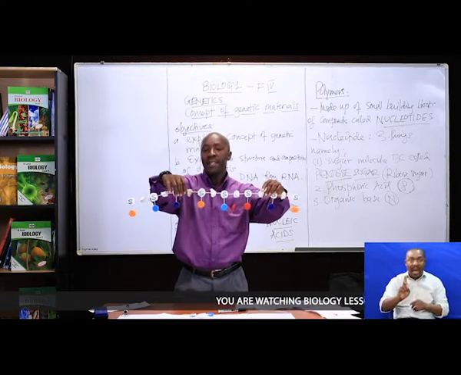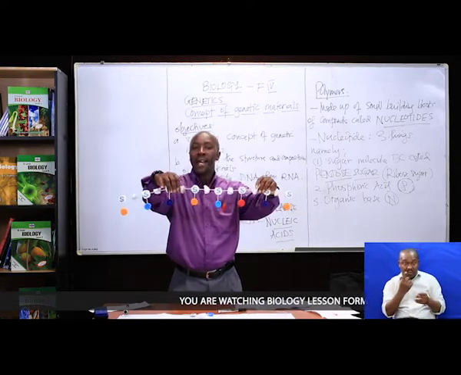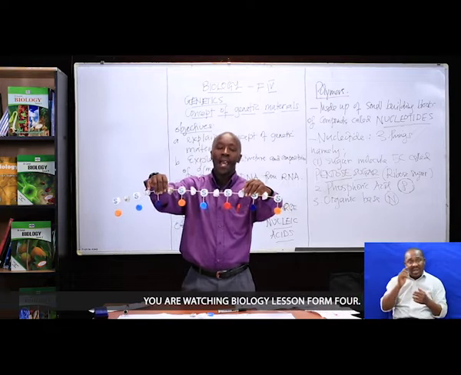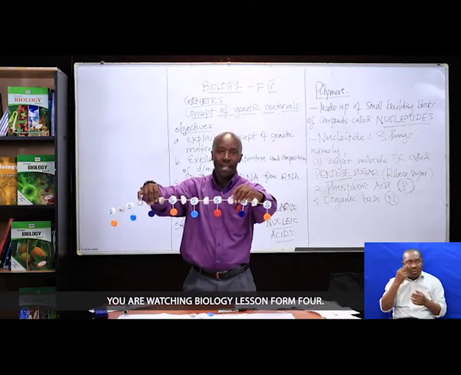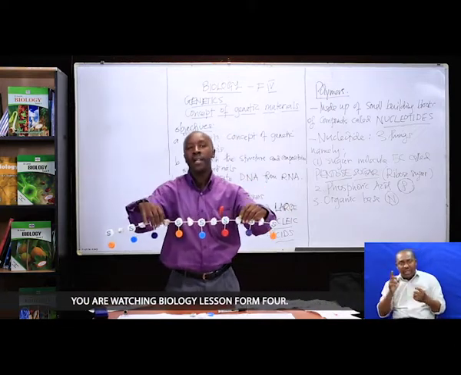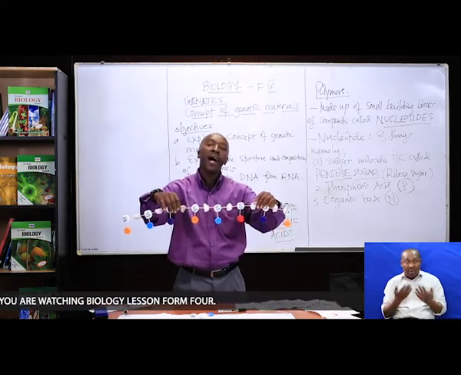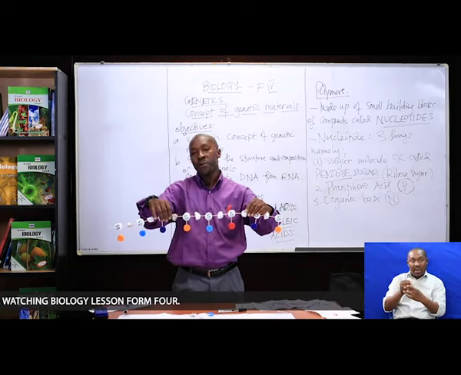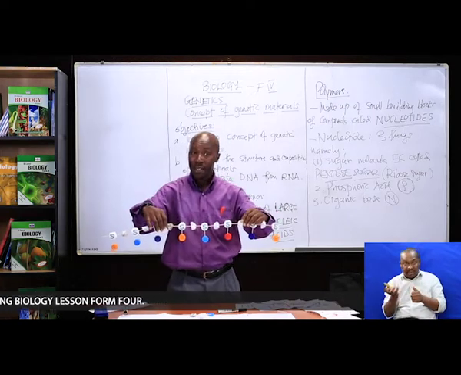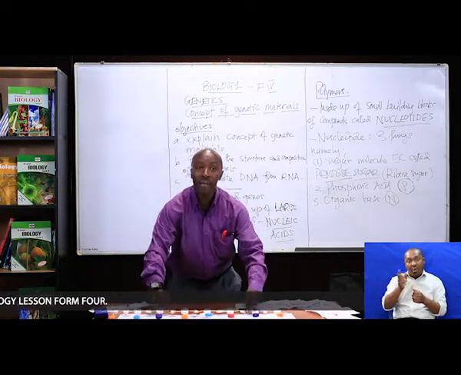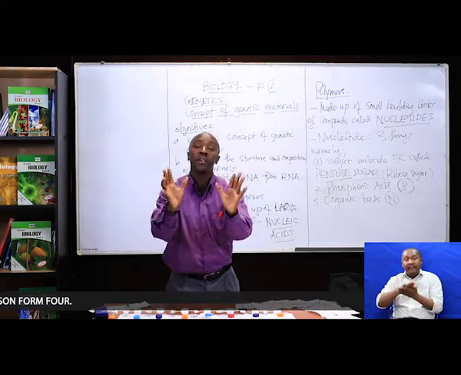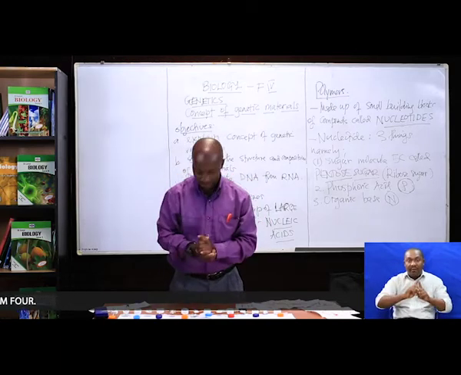Of course, you see there is a light blue, a dark blue, orange, and red. Here in this model, each color represents a kind of organic base, because organic bases are of different forms, different kinds.